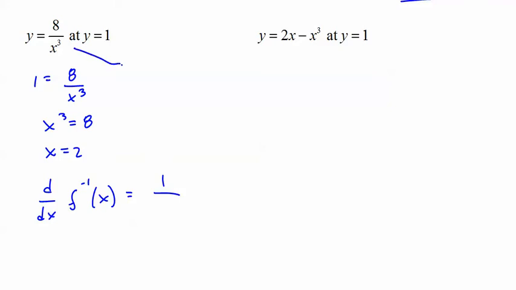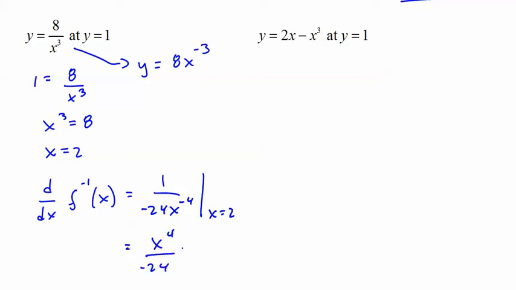I can do it, I'd rather see this. Negative 24x to the negative fourth, x equals 2. That's x to the fourth over negative 24, x equals 2, which is 16 over negative 24, which is negative 2/3.